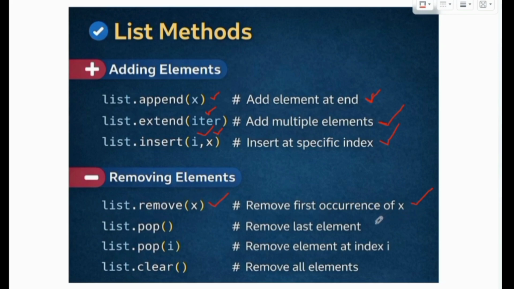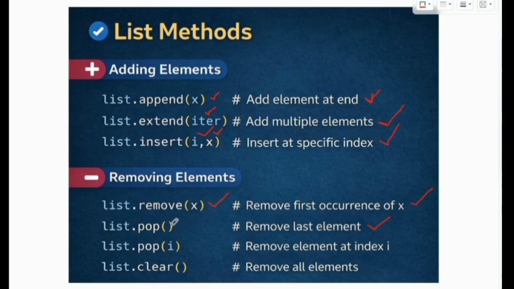Next method, pop method. It removes the last element. When you specify the index, it will remove the element at that specified index.